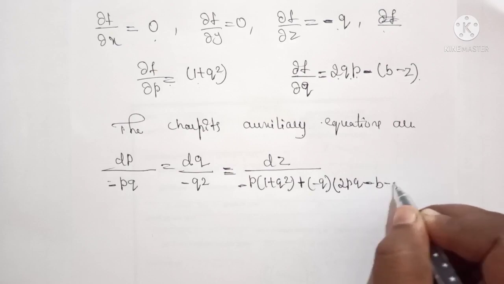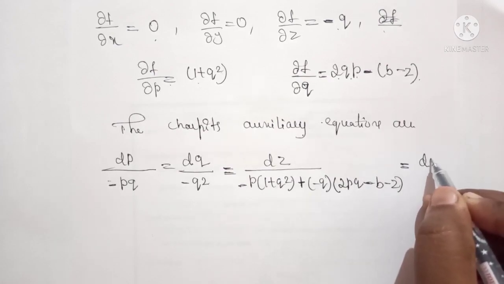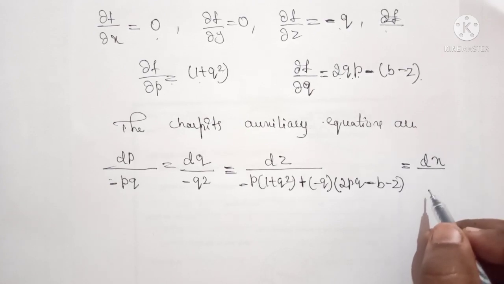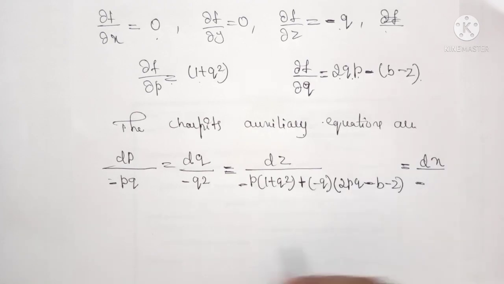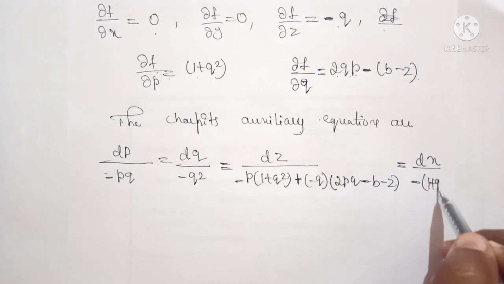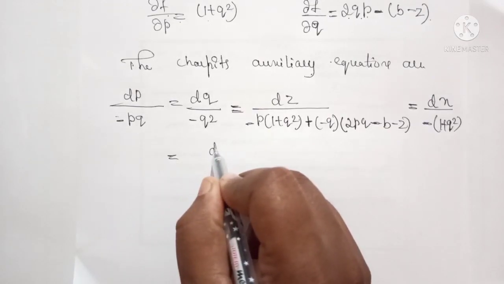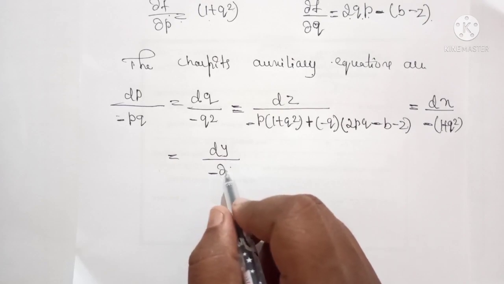plus b minus z, equals to dx divided by minus dou f divided by dou p. Minus dou f divided by dou p is minus (1 plus q square), equals to dy divided by minus dou f divided by dou q.